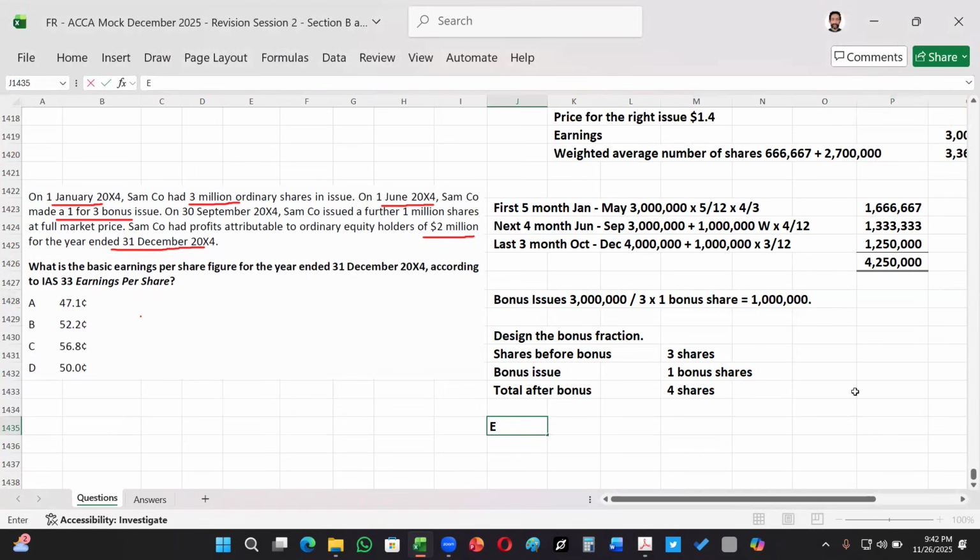The EPS is going to be the earnings, which are given in the question as 2 million. We divide this 2 million by the weighted average number of shares, which is 4250, which we've just calculated. And we're going to multiply this by 100 because the answer seems like that.